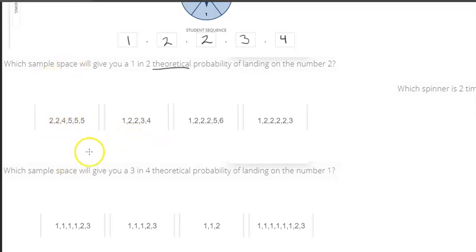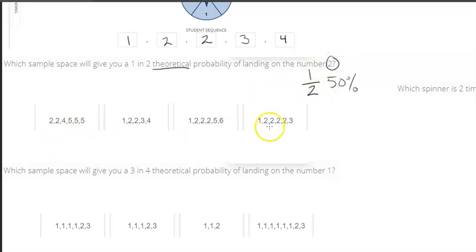It doesn't necessarily matter. But in this case, we're looking for a 1 in 2 probability, or a half probability, or in other words, a 50% chance of one of these spinners landing on the number 2.